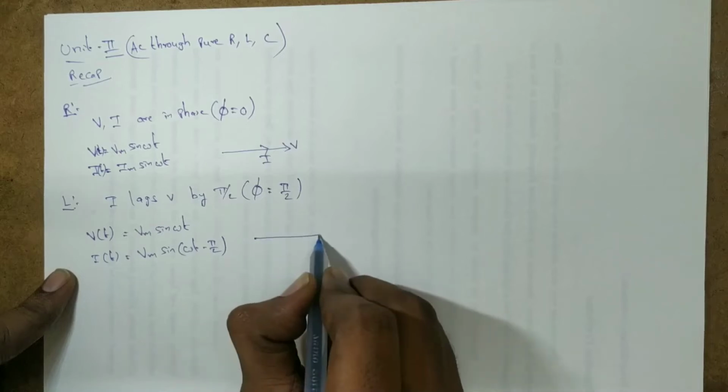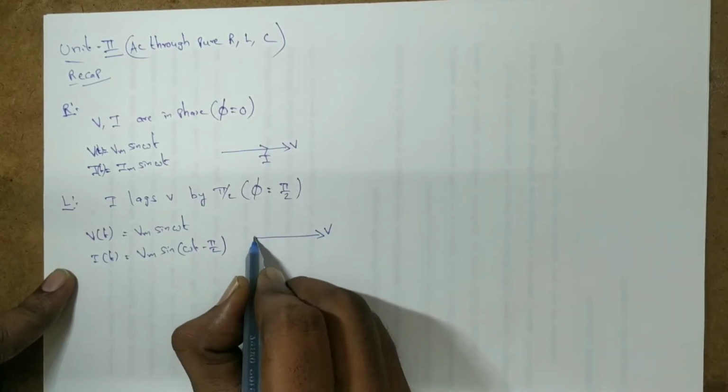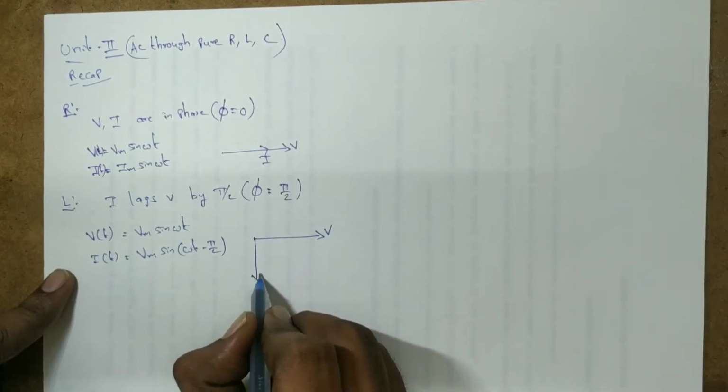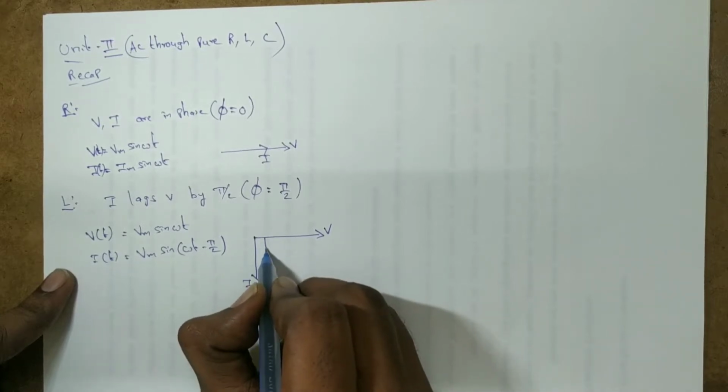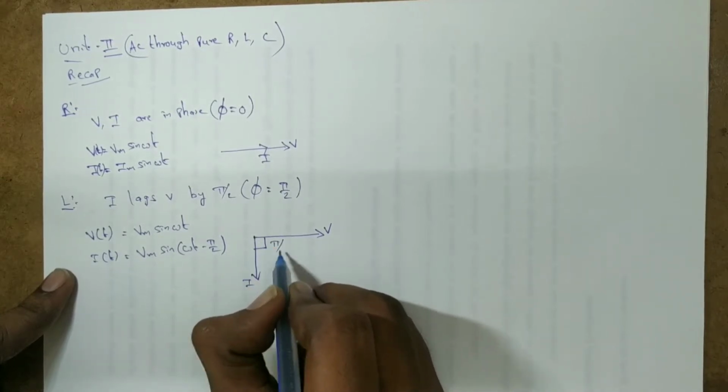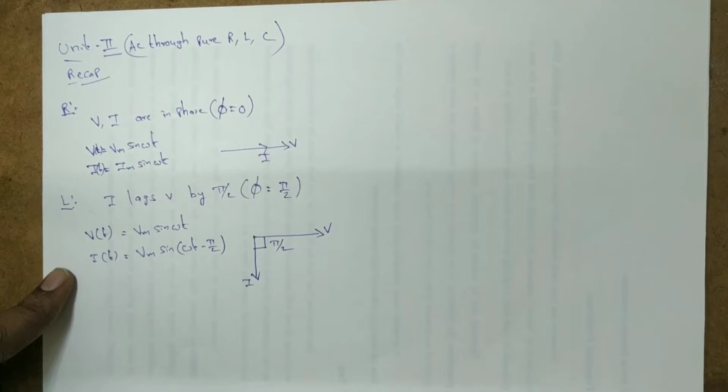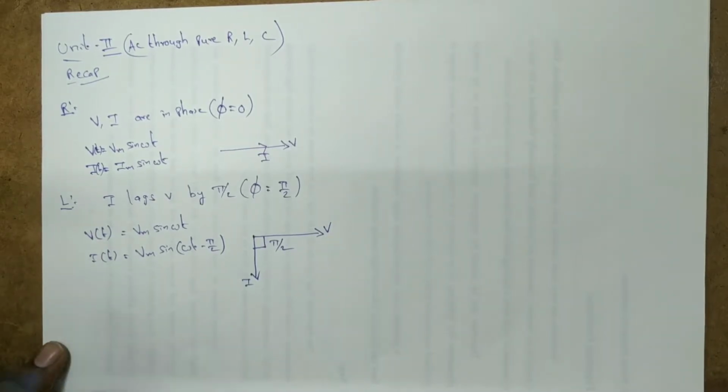So in the phasor diagram, V is the reference, and because it lags we come in the clockwise direction, that is 90 degrees. So for inductor, current lags voltage.